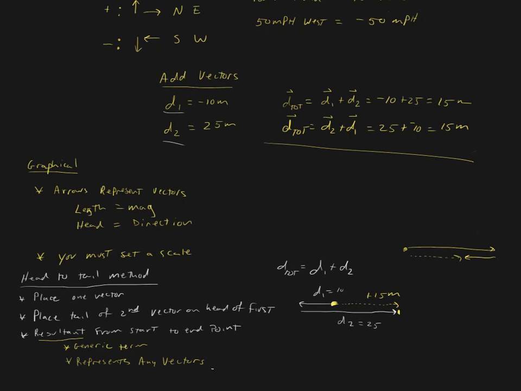You couldn't add 3 meters plus 25 meters per second, because you're adding displacement and speed, and that just doesn't make any sense. That's like trying to say I've got 3 apples plus 2 oranges should be equal to 5 apples. Well, that doesn't work. 5 oranges? No, that doesn't work either. You could say 5 pieces of fruit, but that's not exactly what we're doing here.